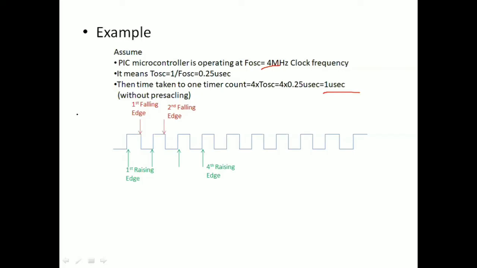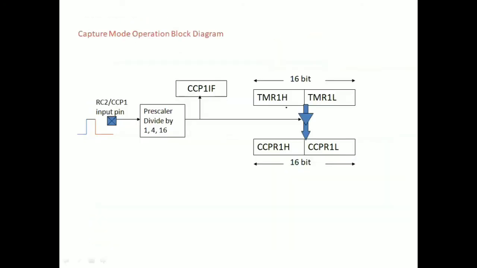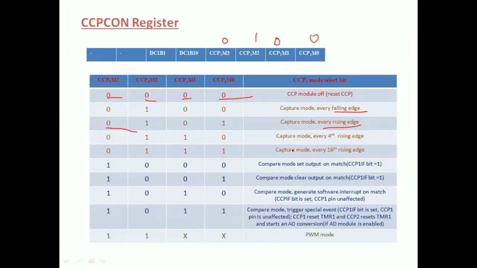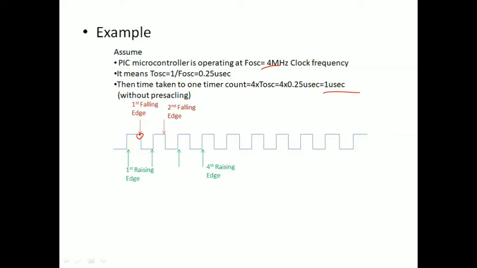So assume that at the pin RC2 you have applied this clock signal. When a falling edge signal is detected on the RC2 pin, the timer 1 register value will be transferred to the CCP register. Assume that when this falling edge signal appears, the timer 1 value is something around 2000.